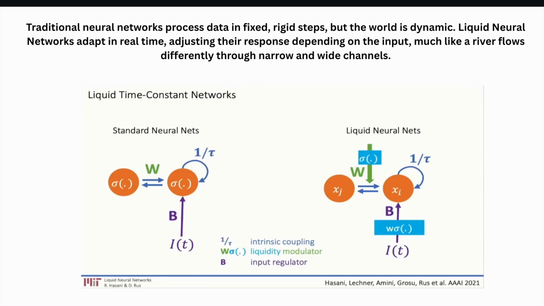So, as I mentioned, in traditional neural networks, data is processed in a fixed, rigid manner, but the world is dynamic, and these liquid neural networks try to adapt the time and change the processing time based on the input and their internal state, which has been depicted in these two graphs, which I'm going to go through in a moment.